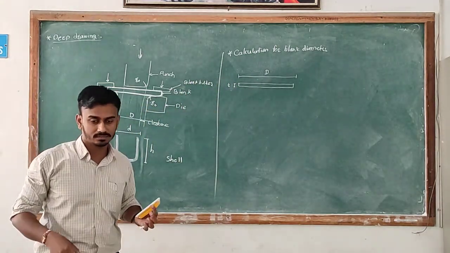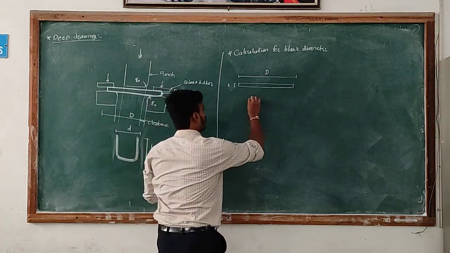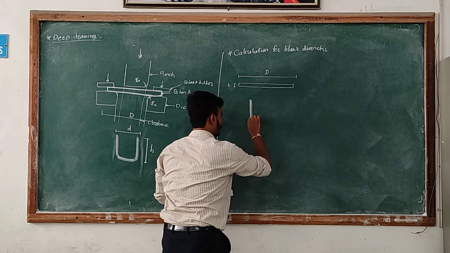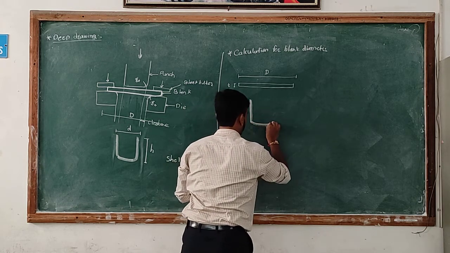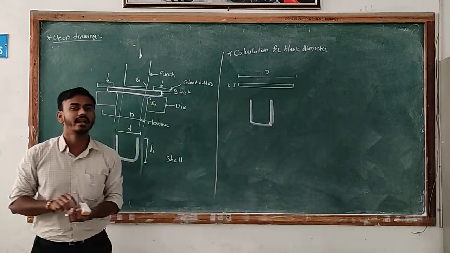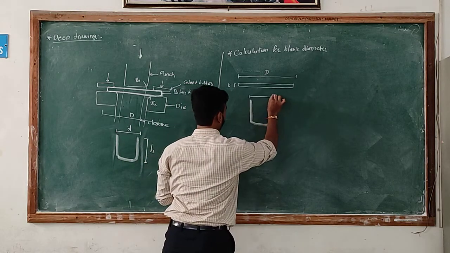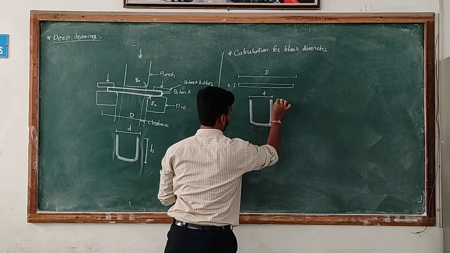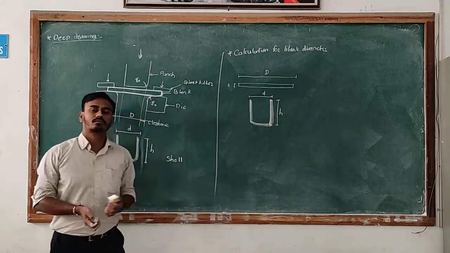When we apply the pressure and do the process, we get this as the output, having diameter small d and height h.